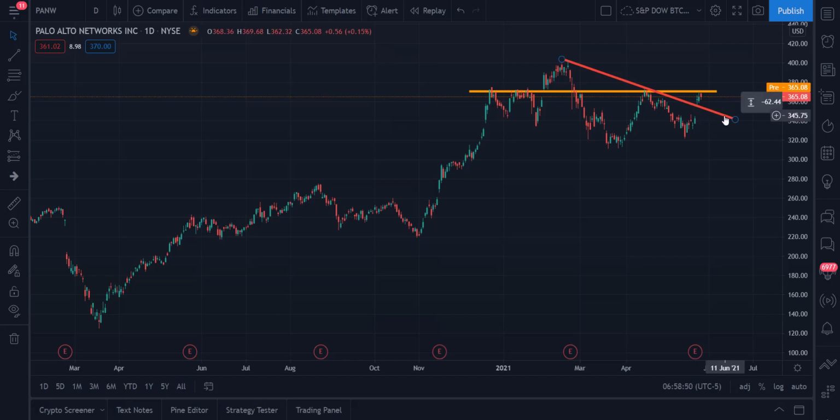Remember how I mentioned that typically markets fill gaps? This little gap that we have here, from call it $344 up to the market open on Monday, should have been closer to 356 or 357, somewhere around there. I would imagine that these markets are going to come in and fill that.